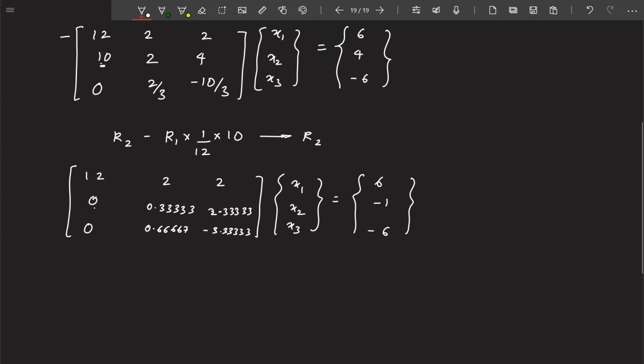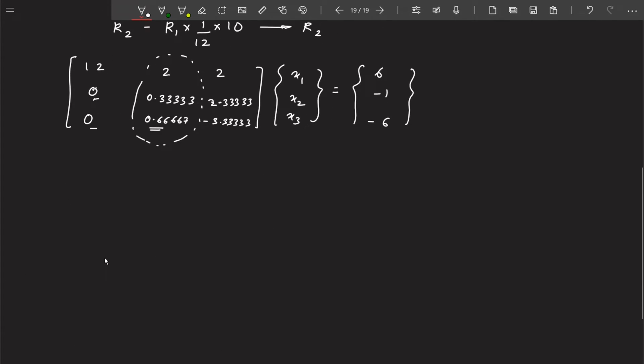You have already made this element 0 and you have already made this element 0. Now we'll focus our attention on this column. Now what we want is to make this element 0. But before that, if you see, this is a problem where you have to perform partial pivoting.